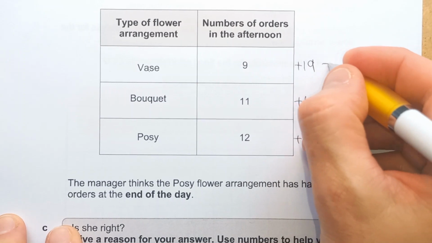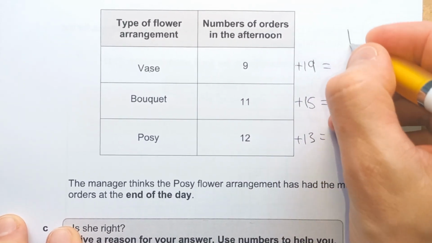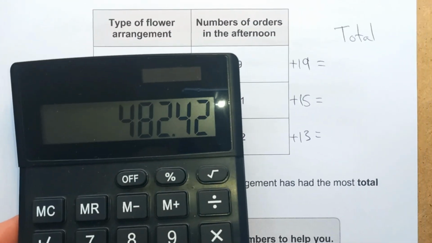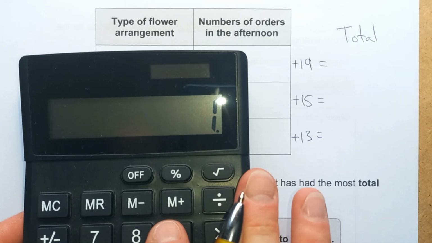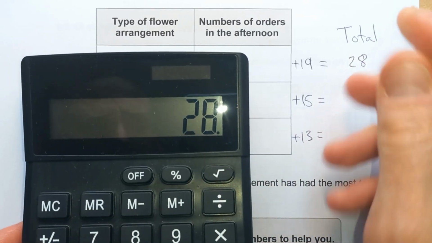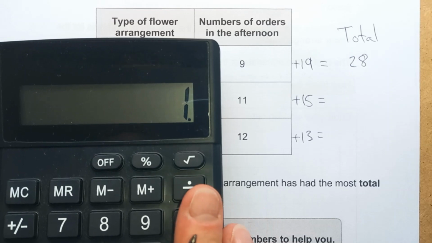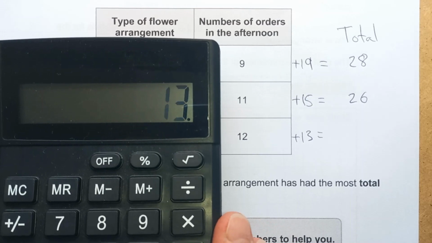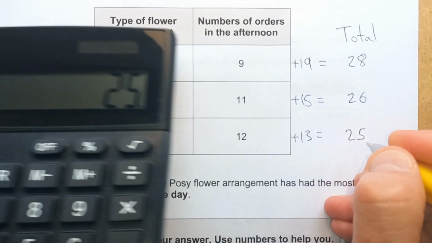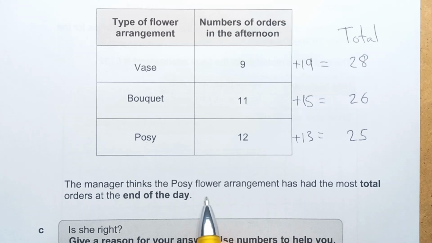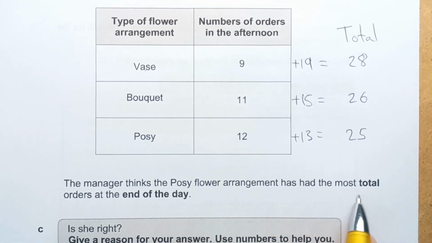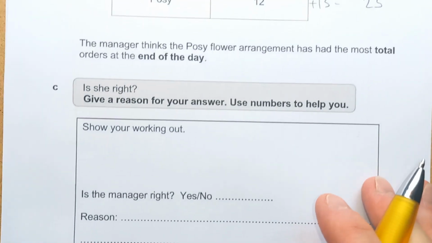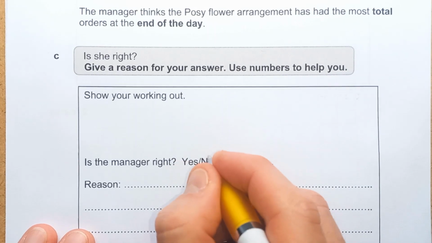Okay, so we want to add these on. And we can say these are our totals. So 9 plus 19 gives us 28. 11 plus 15 gives us 26. And 12 plus 13 gives us 25. Okay, she thinks the posy has the most total. Well, no, the vase has the most. So, is she right?